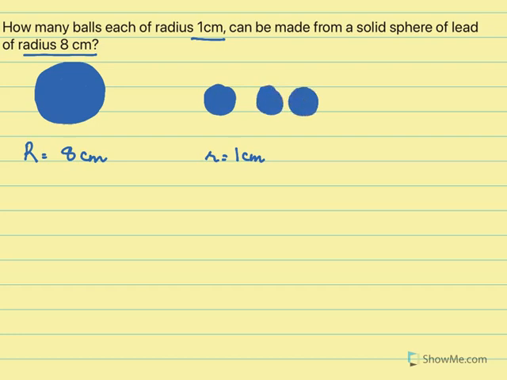We've got to find the number of spheres. So let the number of spheres be x. So volume of large sphere will be equal to volume of small spheres.